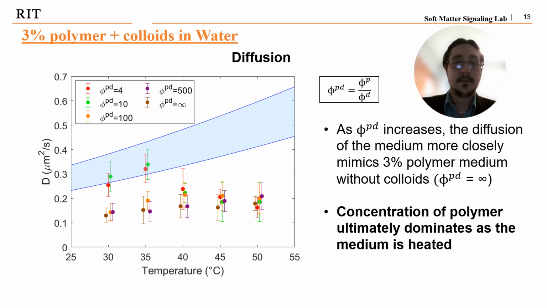We can also see, especially at lower phi values, that the diffusion begins to increase, but the concentration of polymer ultimately dominates as the medium is heating up, so the diffusion begins to decrease.